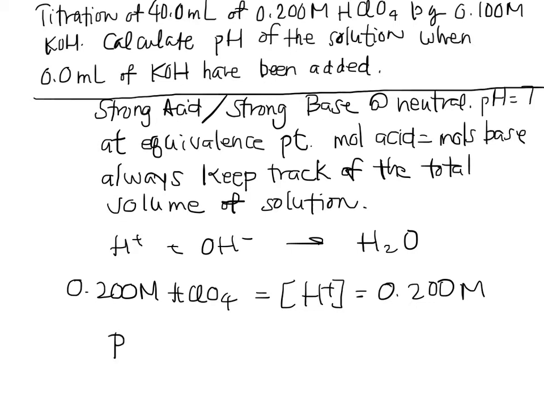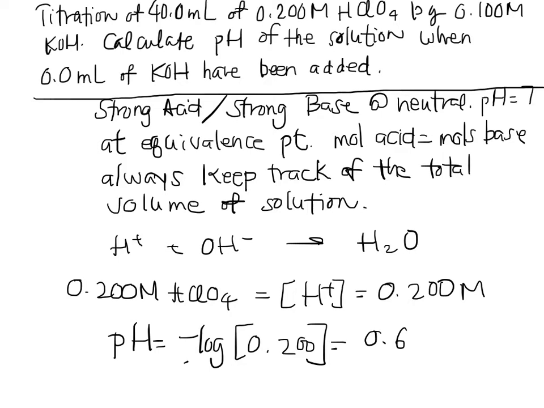The pH equals the negative log of 0.200, and that's going to equal 0.699 for my pH. Not too bad for that type of problem. Now the next problem is a little bit more difficult, but not that much. You guys can do it.